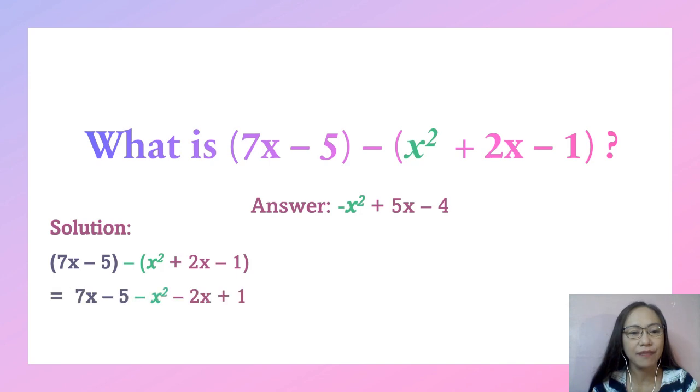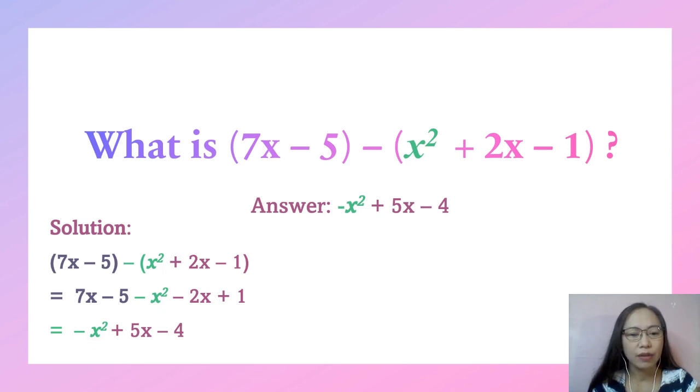So we will have 7x minus 5 minus x squared, and then negative times positive 2x, you have negative 2x, and negative times negative 1, we have positive 1. And then combining like terms, we have negative x squared, which has no other similar term, so we put it there.